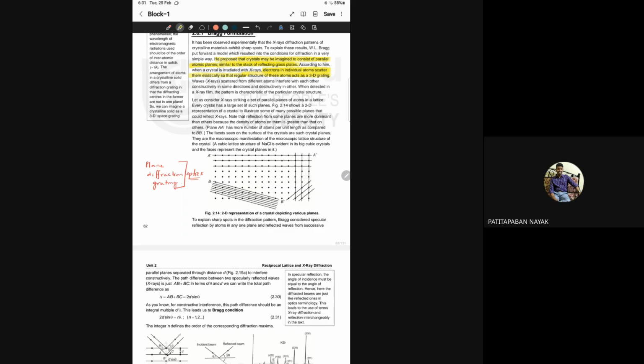So here it is telling you the word grating. This is a kind of plane diffraction grating. That's why I told you it is important that you go through the theory of diffraction by plane diffraction grating in optics.